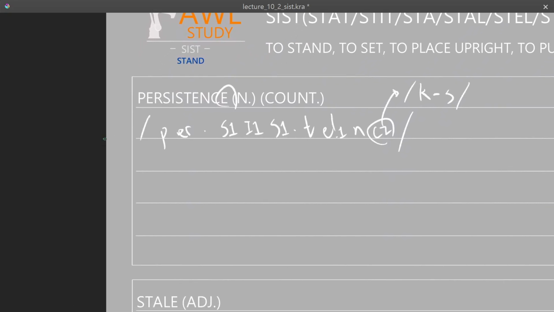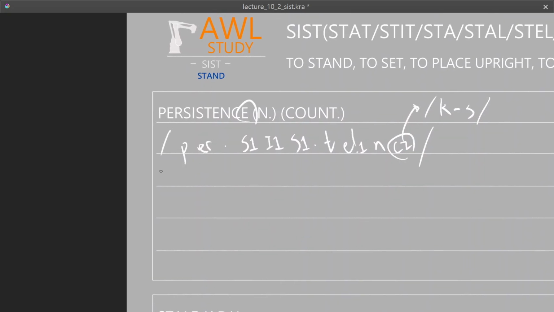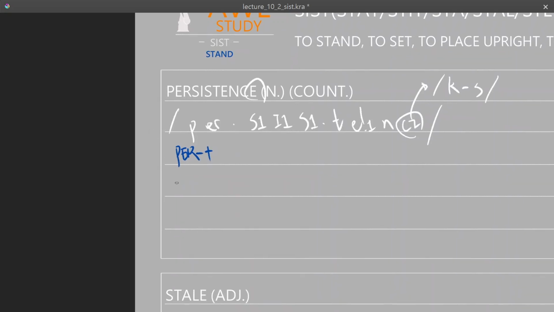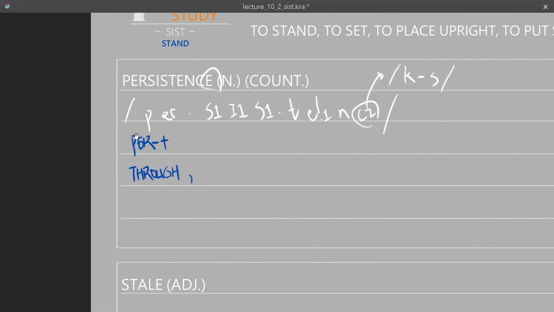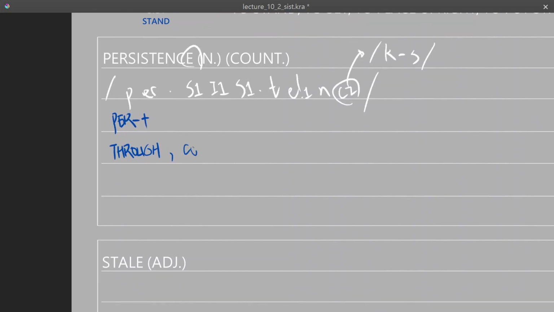All right, we have the prefix per, meaning through, whereas in intensifiers it means completely.